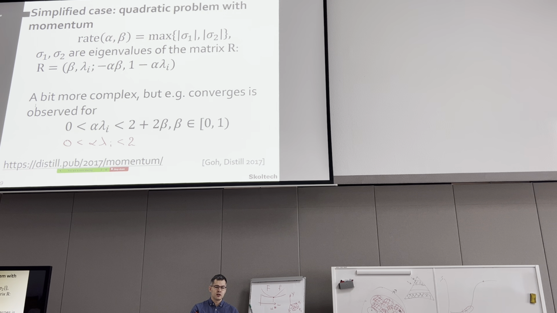So in this case, the absolute difference between 1 and this number is something between 1 and 0. But if we add momentum, the picture is a bit different. We say that we have more freedom for our alpha and for our lambda. Basically, we increase the right side by 2 beta. The beta is the coefficient for our momentum.